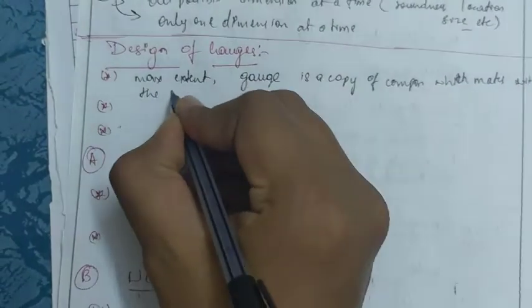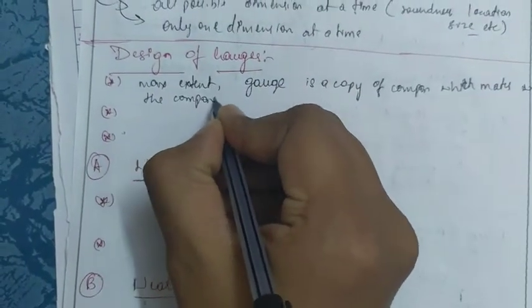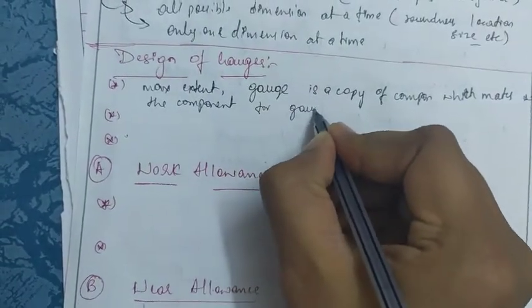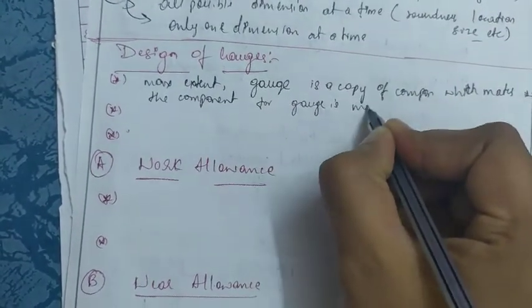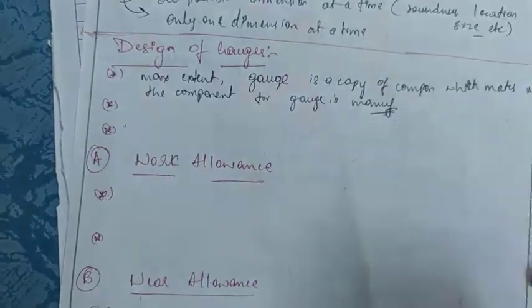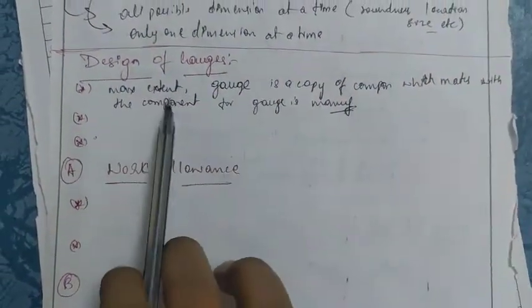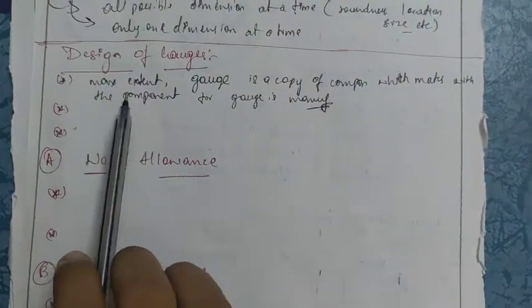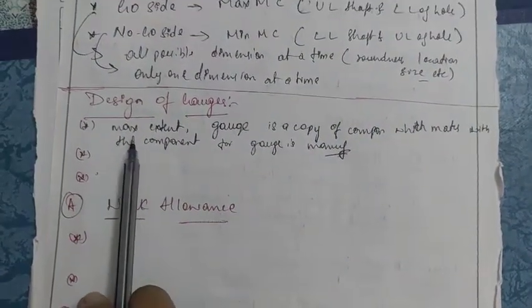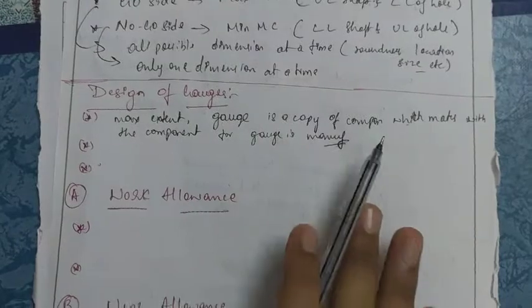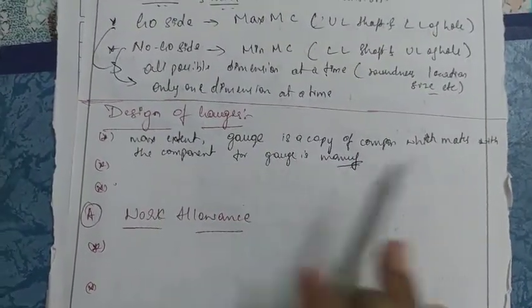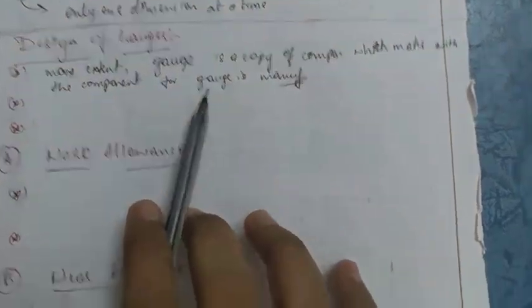Nothing but what? To a maximum extent, that is how the gauge is designed. First, for maximum extent, the gauge is a copy of the component which mates with the component for which the gauge is manufactured. That is the first, very important one.